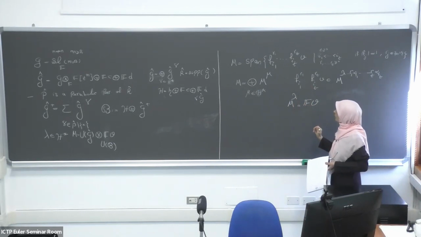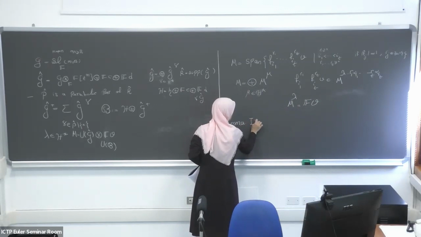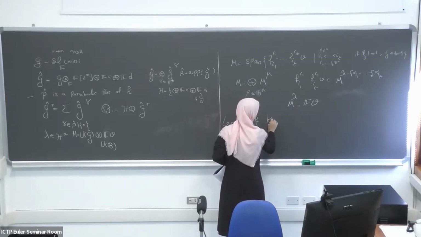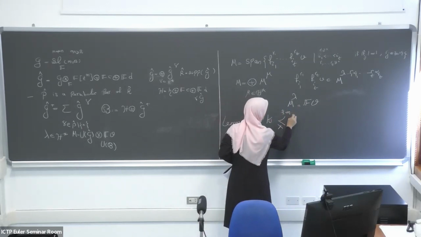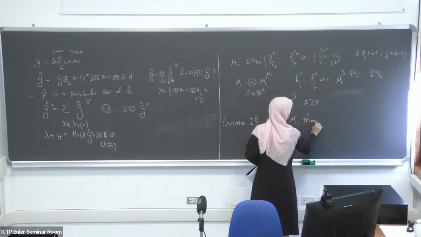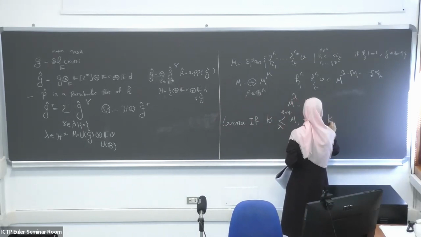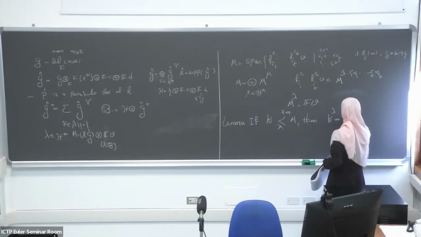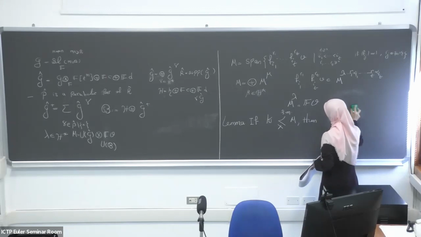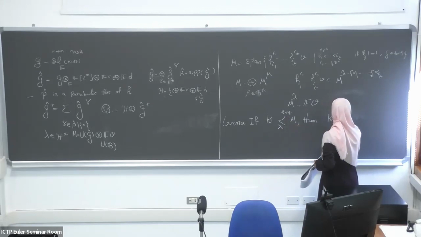And now we want to prove that if K is a proper submodule of M, then K lambda is 0.